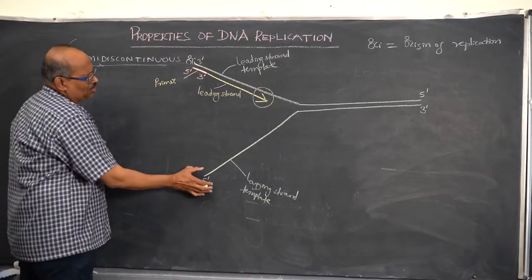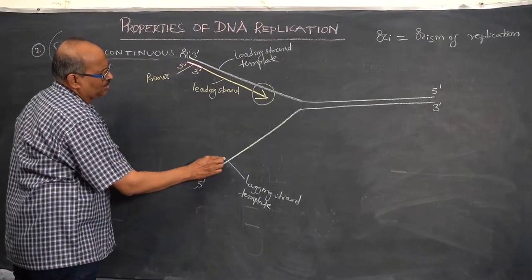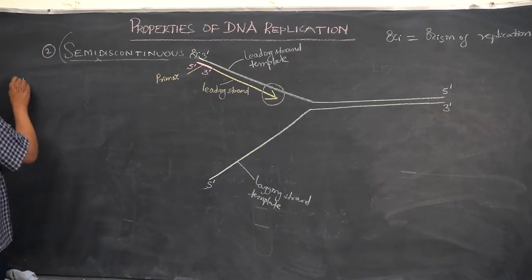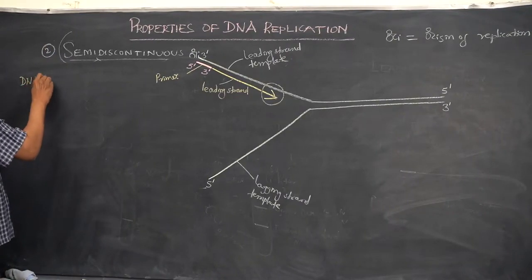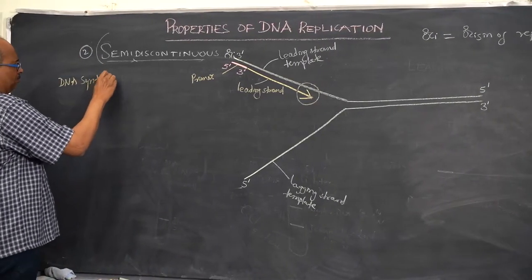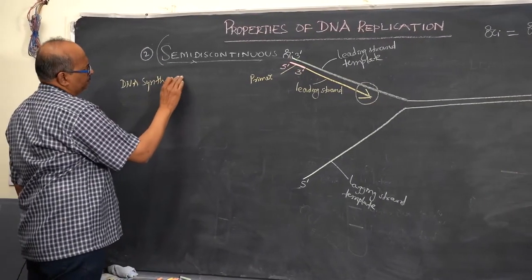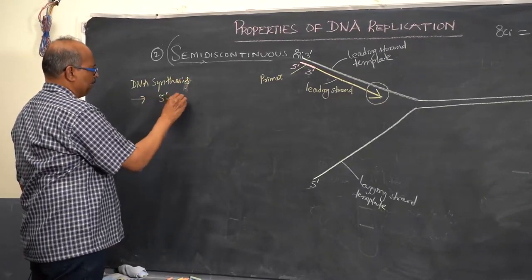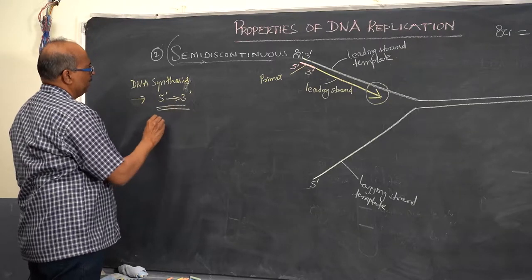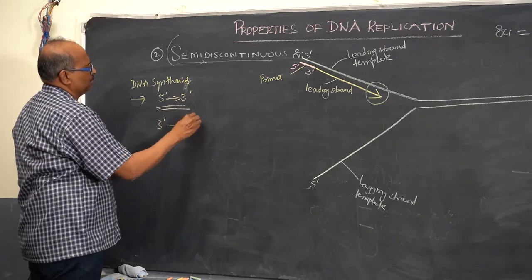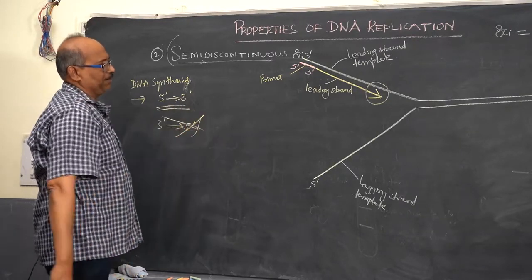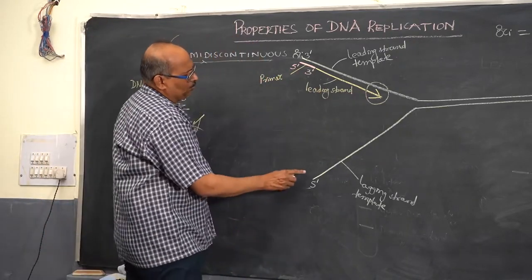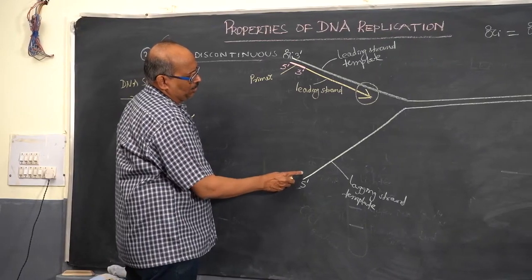When it comes to the other strand, you cannot synthesize this direction because DNA synthesis is always 5' to 3'. It cannot occur 3' to 5'. So this is fine 5' to 3'. But if I put a primer here, it will become 5' to 3'.